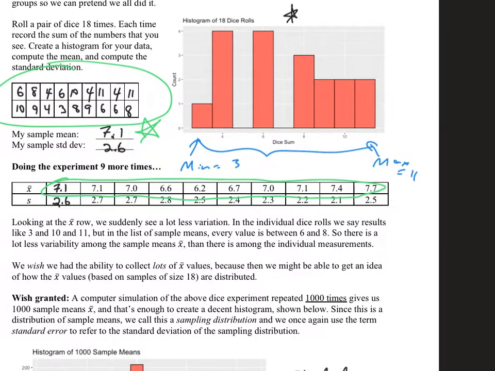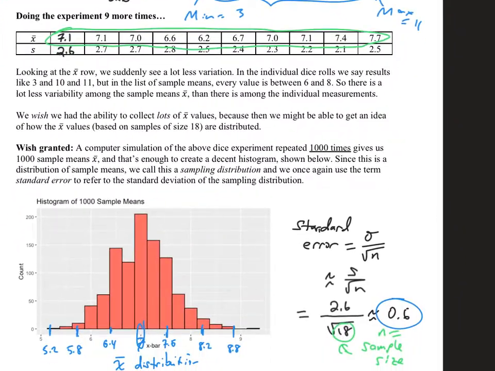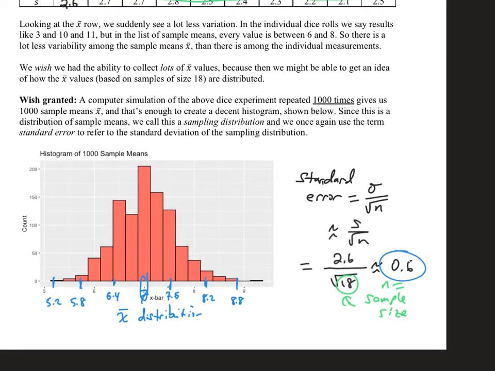And we can see that in the picture, even though when we rolled the dice, we got 3 sometimes and 11 sometimes, there's no way in this x-bar distribution that we would ever see an x-bar that's as small as 3 or as big as 11. So the x-bar distribution has a much smaller amount of variability than the original individual measurements.